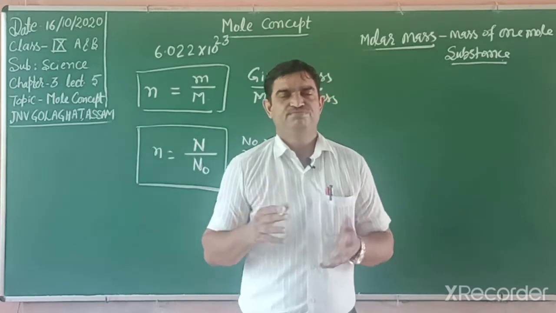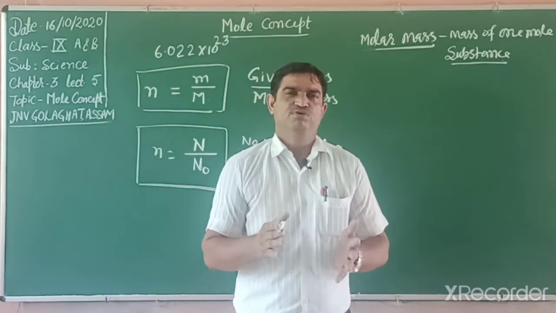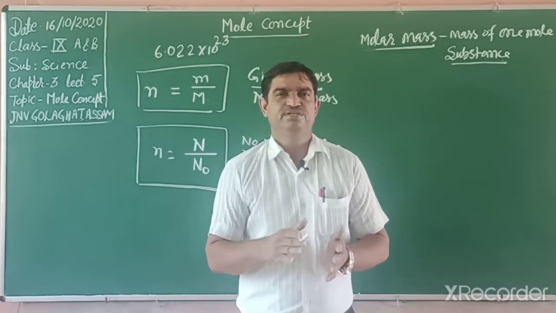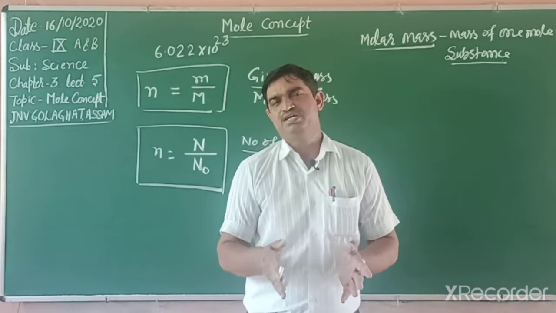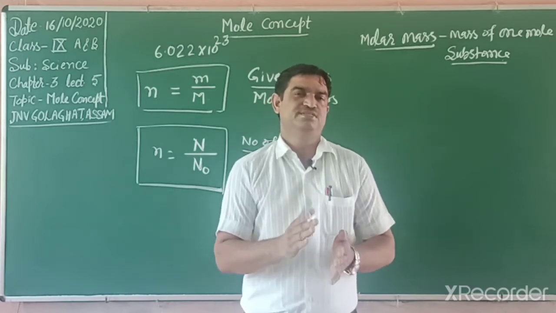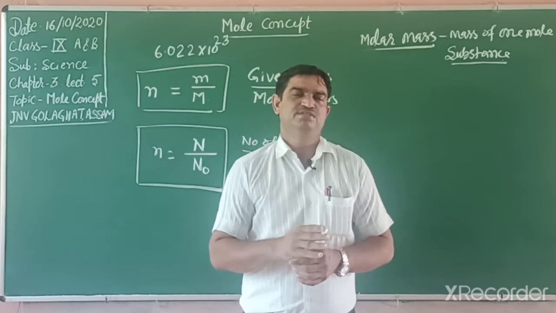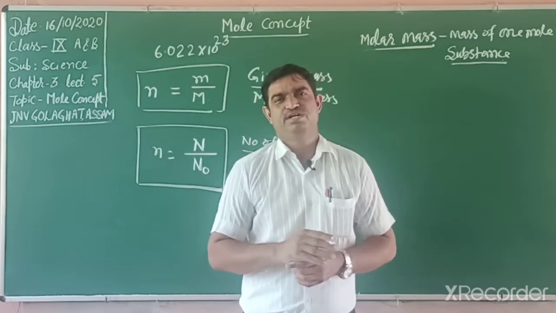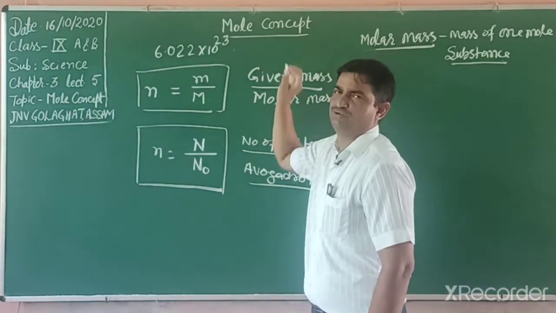So if we convert into mole, that is 12 gram. So mole is the chemical counting unit of the number of particles, atoms, molecules, ions or any formula unit that contains exactly the number of carbon atoms in 12 gram of carbon-12 isotope. That is a fixed number. That number is the Avogadro number.